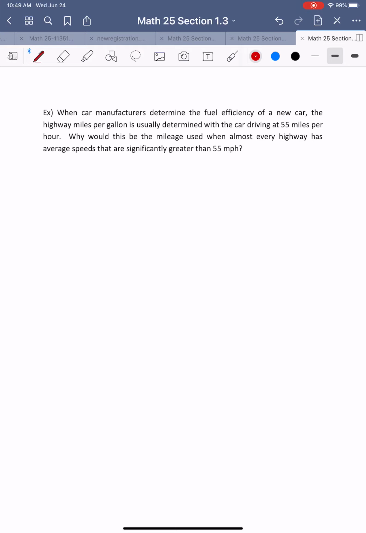Why would this be the mileage used when almost every highway has an average speed significantly greater than 55 miles per hour? Actually, there is a missing sentence here, so I want to add it in.